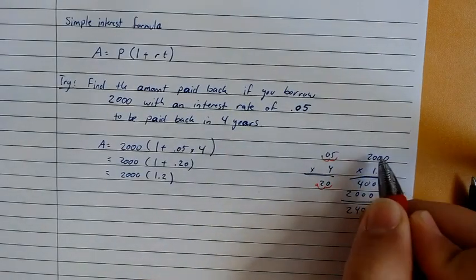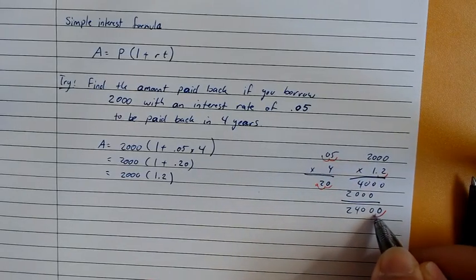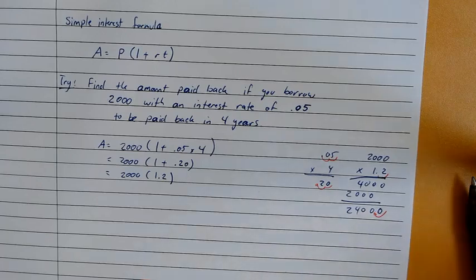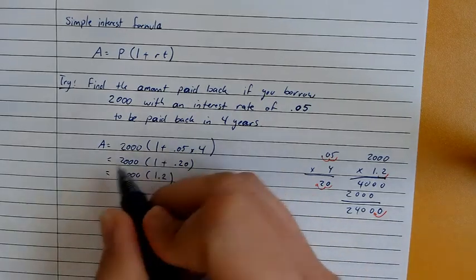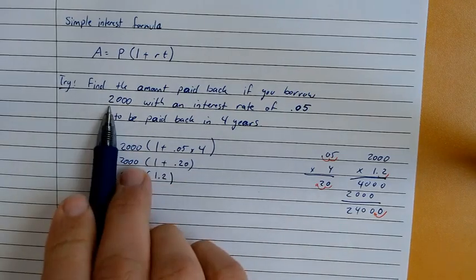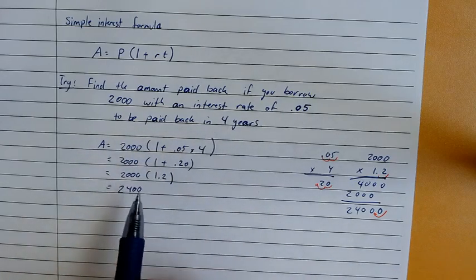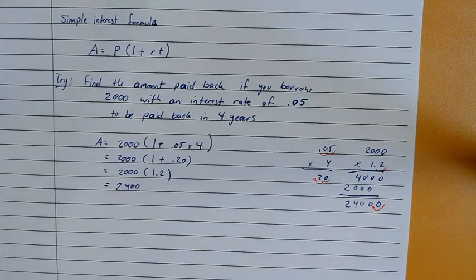You got to take, this one doesn't have any decimals, but this one is 1 space from the end. So here your answer needs to have a decimal 1 space from the end. So that's $2,400. So if you borrow $2,000 with an interest rate of 0.05 to be paid back in 4 years, you end up having to pay back $2,400.